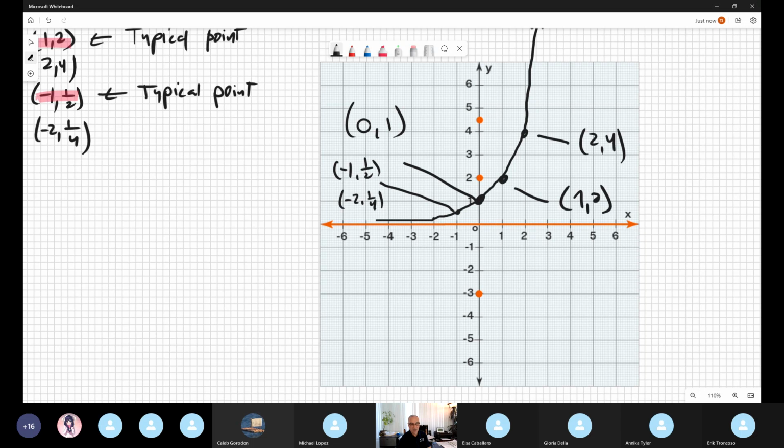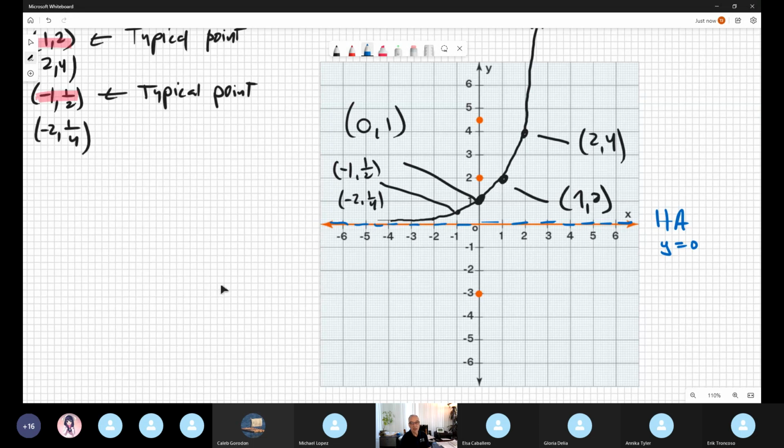So now you can see that the curve of the exponential approaches the x-axis, but never touches. This is asymptotic. So we have here one horizontal asymptote at y equals 0.